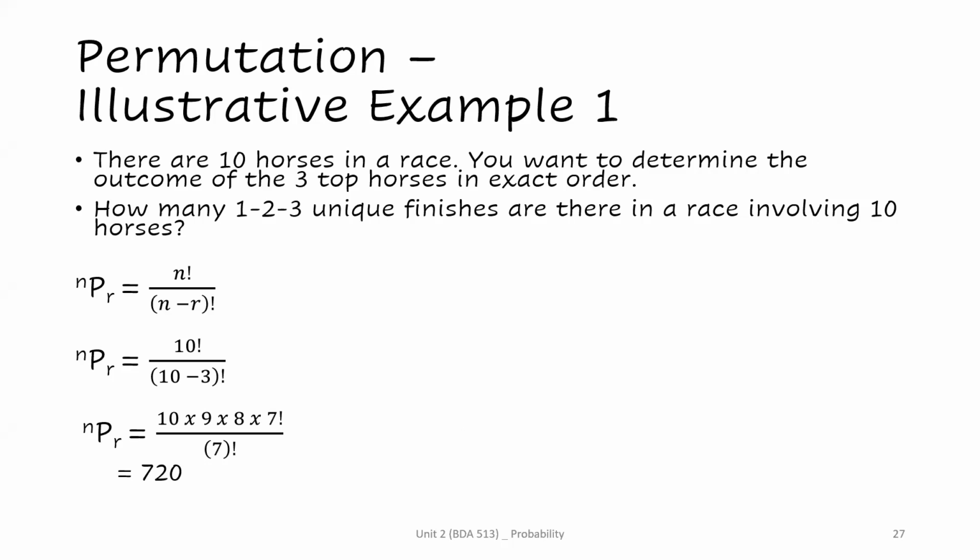You want to look at whether horses 1, 2, 3 can finish in that order, or horses 1, 3, 5, or horses 1, 7, 8. You are looking at all these different orders, and permutation is telling you that there will be 720 ways by which you can do that.